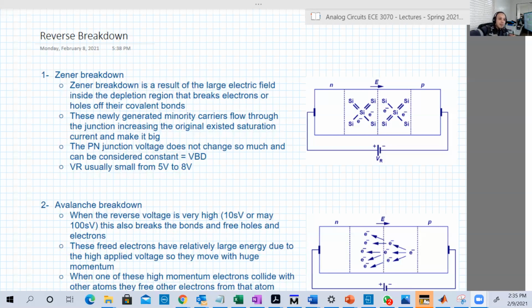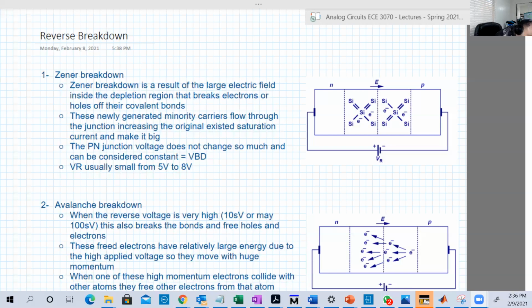So it can reach some amount high enough so that the electrons that are in the bonds right now can gain energy and become free from their bonds and go to the conduction band. So that's basically what happens here.